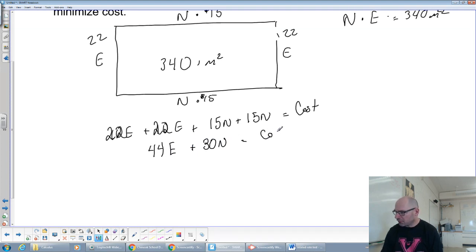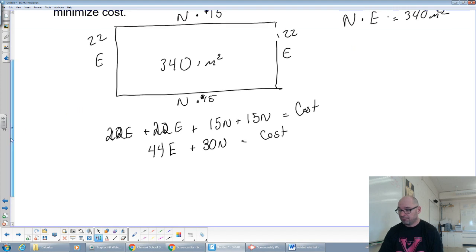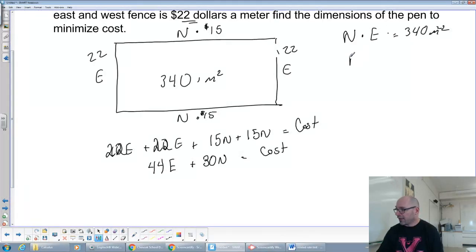Now, in order to take the derivative, we have to change N into E or E into N, so that's what we use this area for. We're going to say that N is equal to 340 divided by E, and we can then plug that in where the N is here.